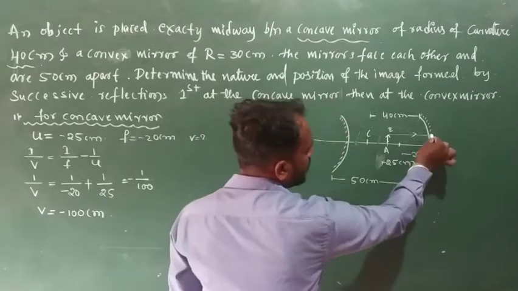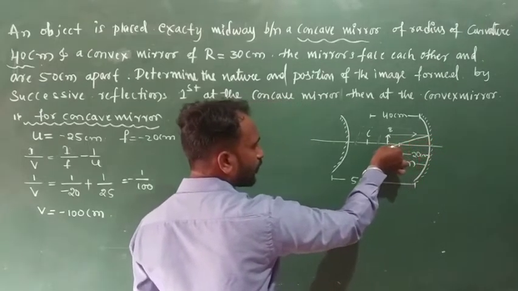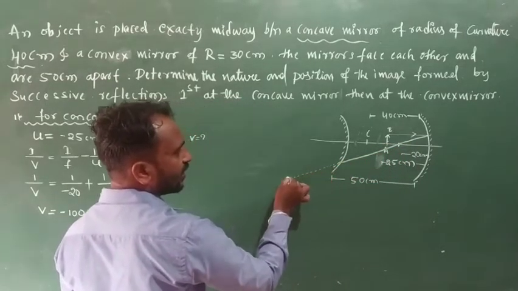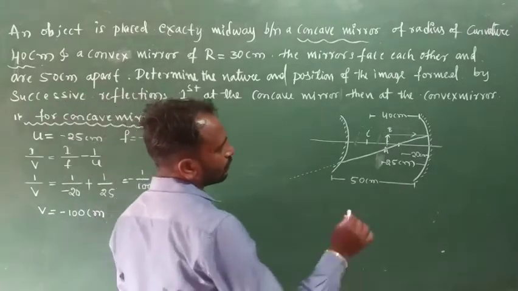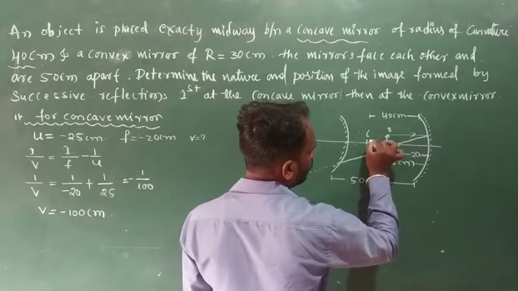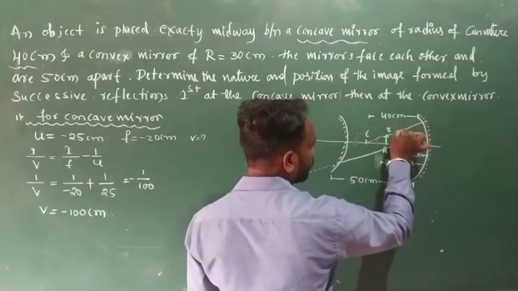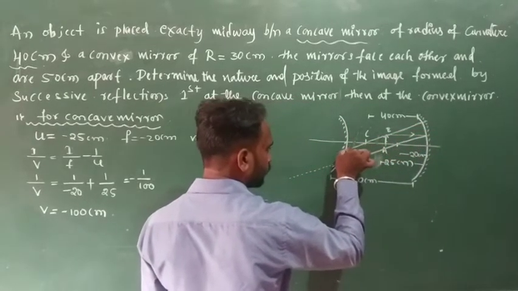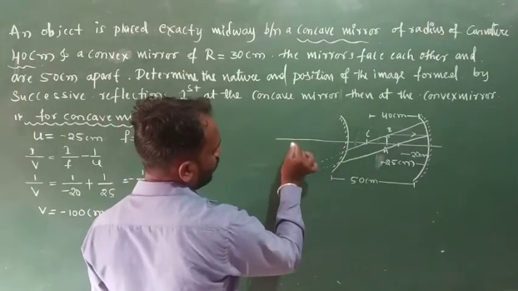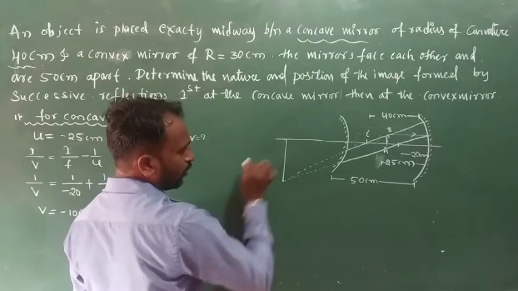This light ray is reflected, and if I extend the reflected light ray and draw the normal, these two light rays meet at this point, so here we get an image.